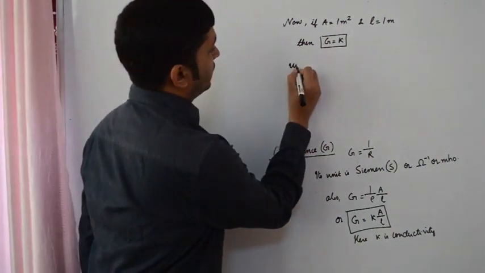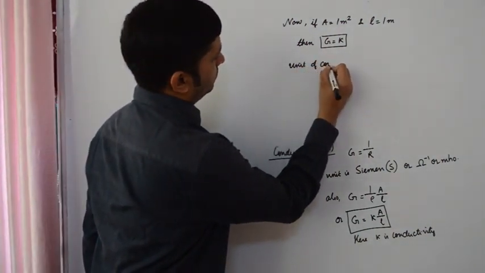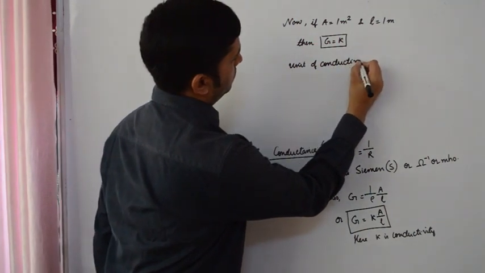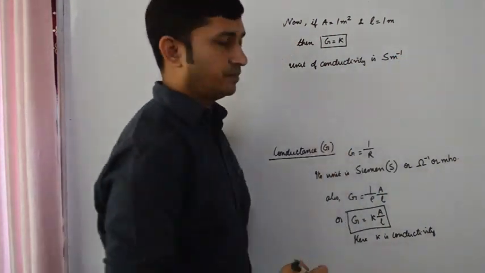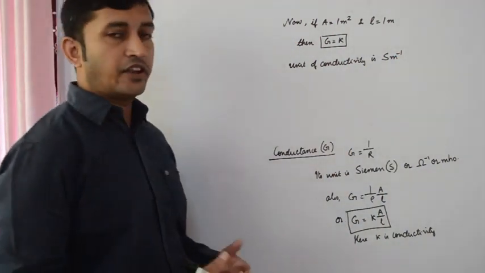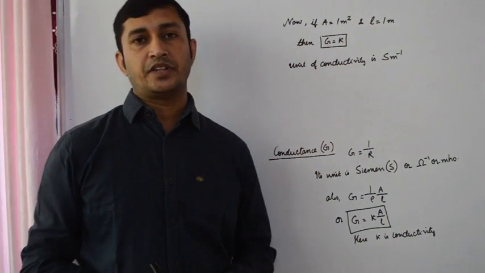Unit of conductivity is Siemens per meter, or another unit we can take is Siemens per centimeter.